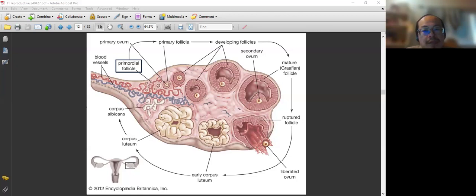When we talk about this, we must talk about the journey of the follicle development. And this follicle development, as you can see, goes through two phases. One is the follicle growing until ovulation. And the second phase is that after ovulation, the remaining follicle becomes corpus luteum, and then degrades away. So that's two phases.